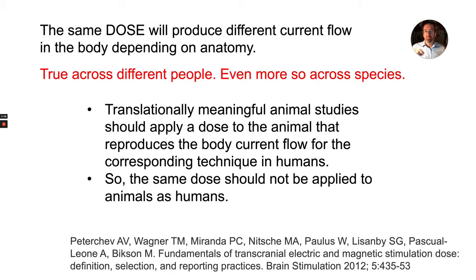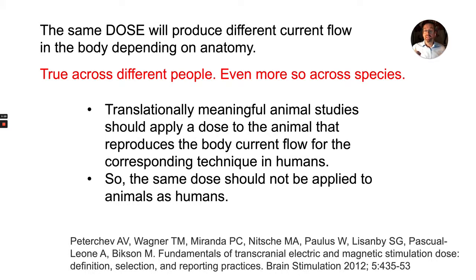And this brings up a very important point. It suggests that if we want to do translationally meaningful animal studies, and by that I mean animal studies where the target tissue in the animal received the same electromagnetic fields as would be produced in a person, then we can't give the animals the same dose as the people.